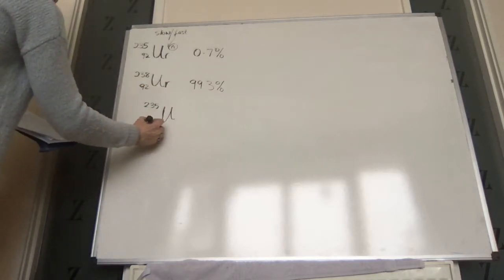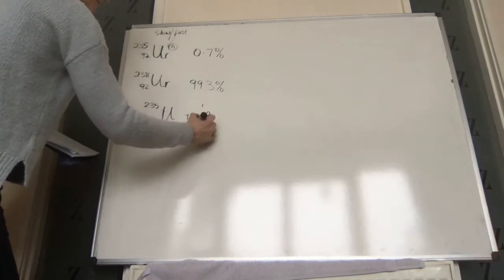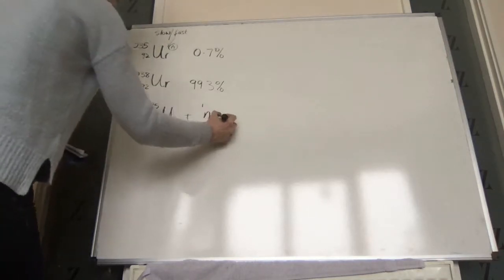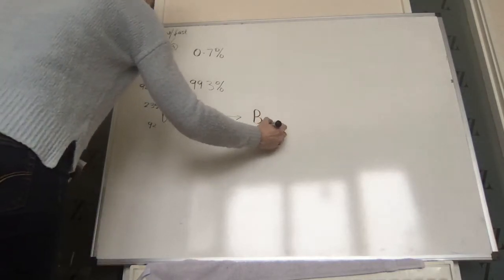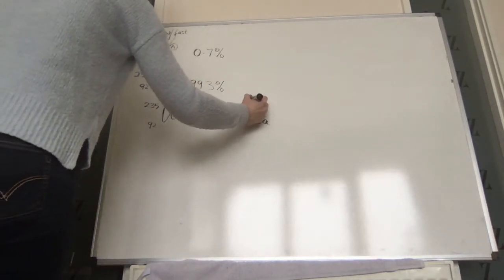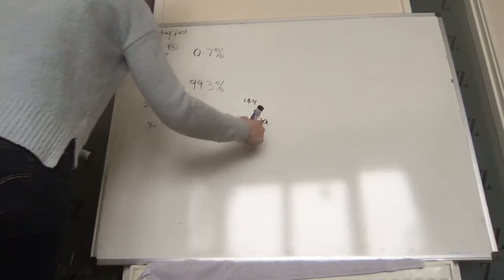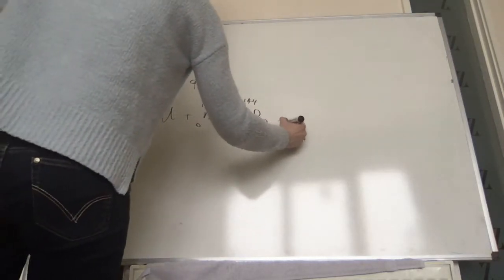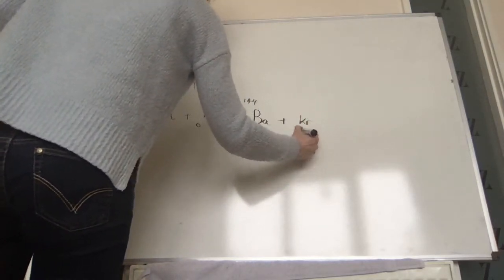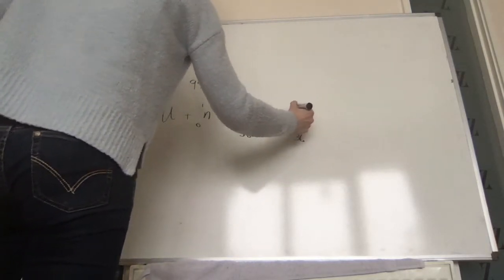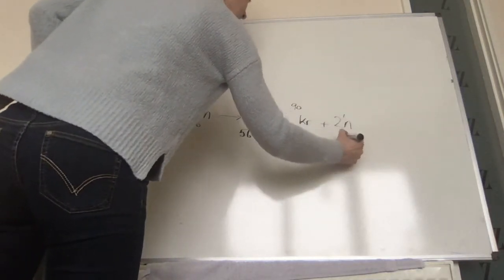So uranium-235 plus a neutron, so basically it captures a neutron and then splits, gives you barium-144, with 56 as the number that identifies it, plus krypton-90, with 36 as its number, and you get your two neutrons as well.